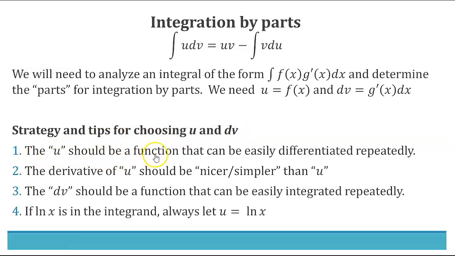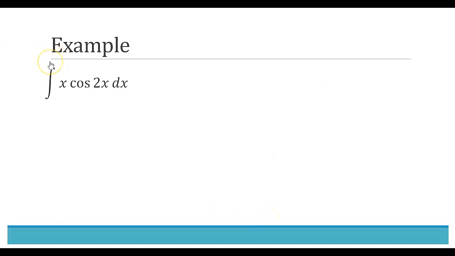The u should be a function that can be easily differentiated repeatedly. The derivative of u should be nicer or simpler than u. The dv should be a function that can be easily integrated repeatedly. And if natural log x is in the integrand, we're always going to let u equal the natural log of x. Let's take a look at our first example.